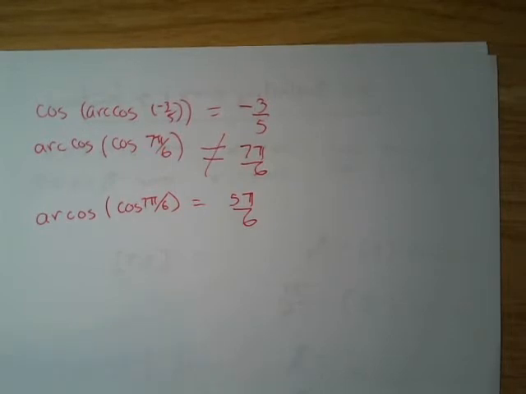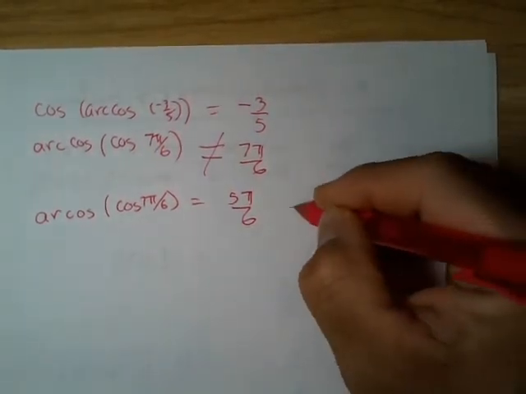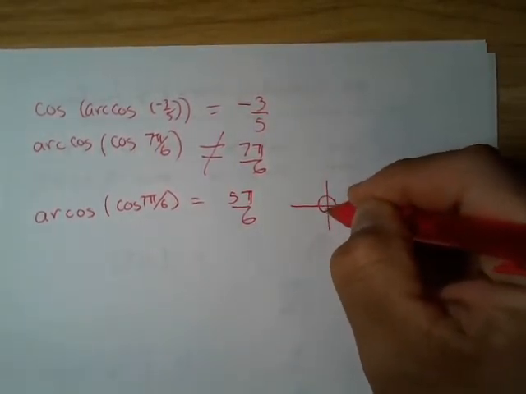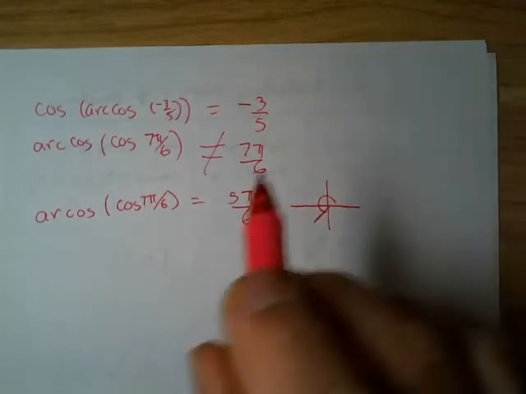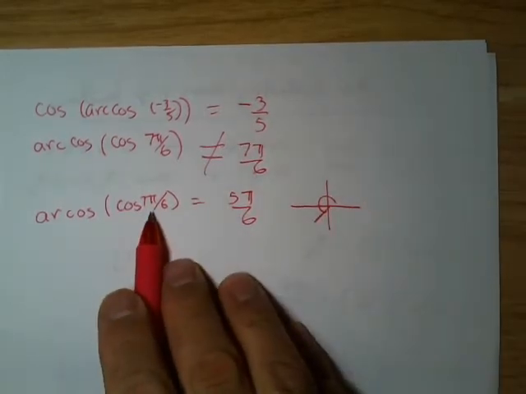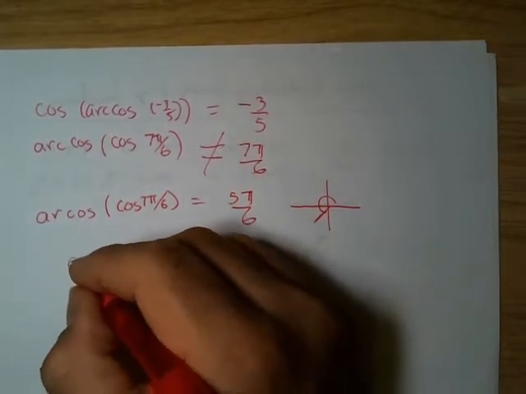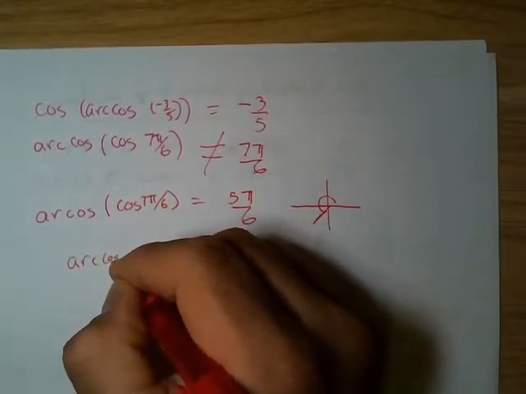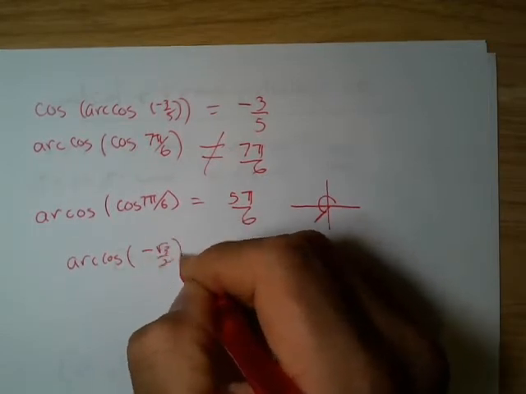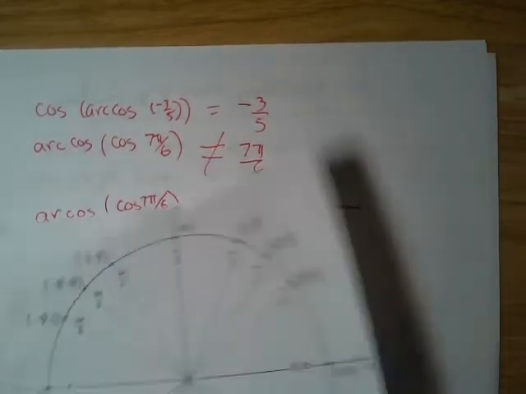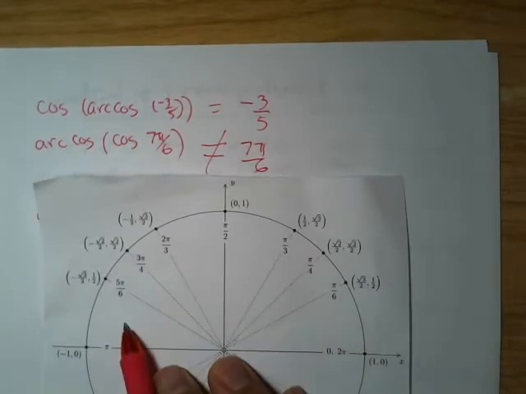And again, the reason for that is 7pi/6 is here. Cosine is negative there. Essentially what we're doing here is our cosine of 7pi/6 is -√3/2. And again, looking for angles between 0 and pi, that gives us -√3/2.